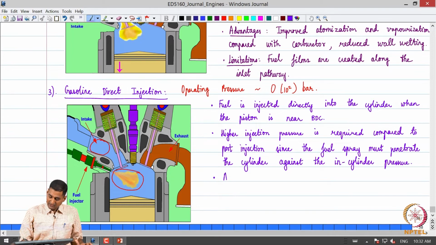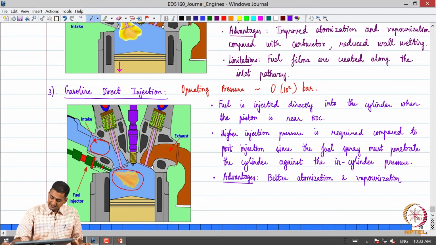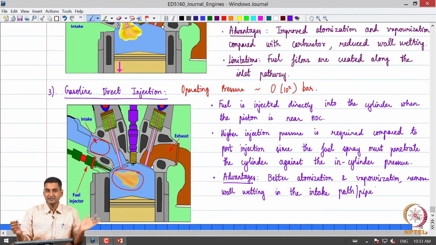So, obviously the advantages are multiple: comparatively better atomization and vaporization when we compare to a port injection, and we remove wall wetting in the intake path or pipe, because we are spraying directly into the cylinder.